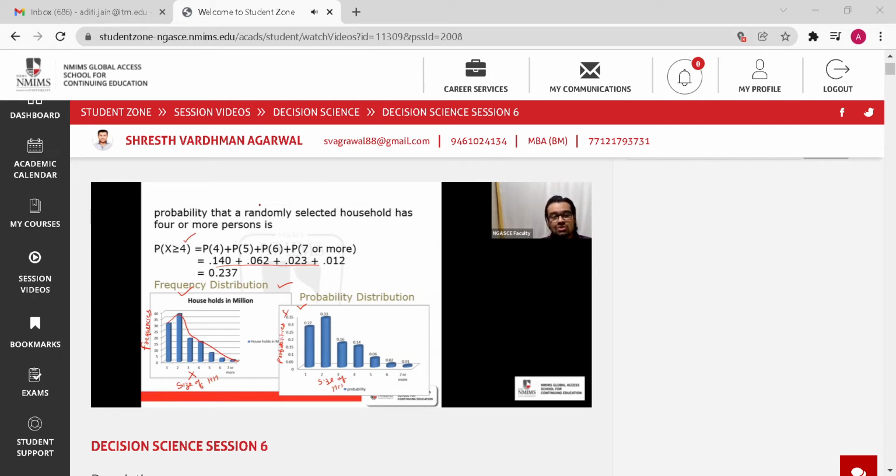Okay, so there are many aspects. We are trying to identify the pattern because we want to understand the holistic view of the entire data, and we want to predict something. We want to make an assessment of what are the chances that certain events will take place again and again. I have shown that this is the frequency distribution of 1 person, 2 person, 3 person, 4 person, 5 person's household.